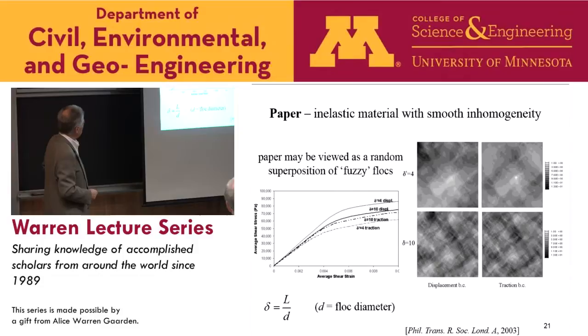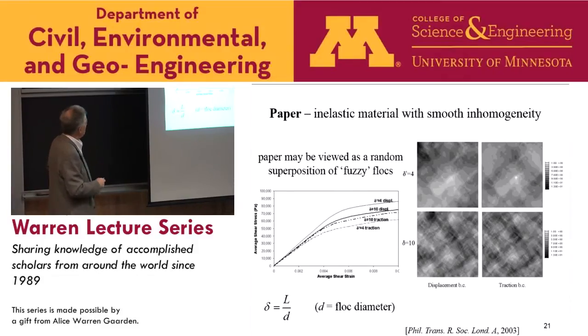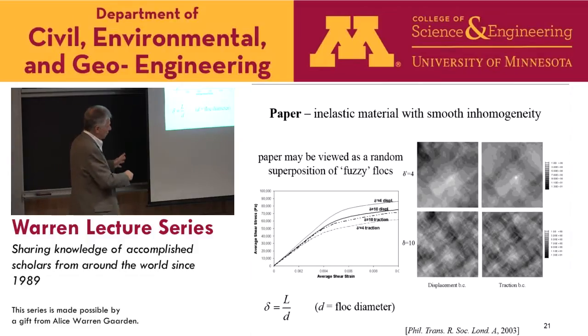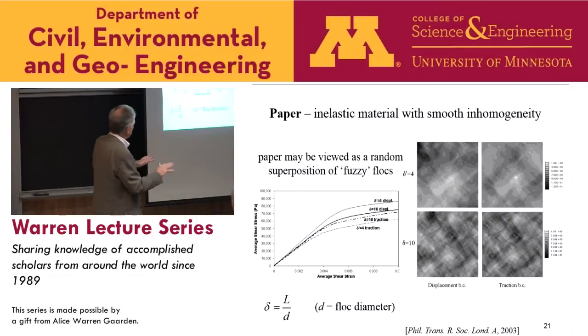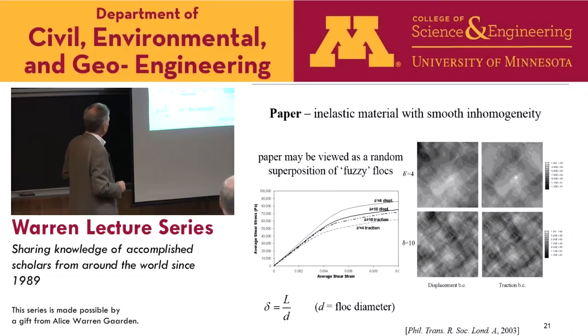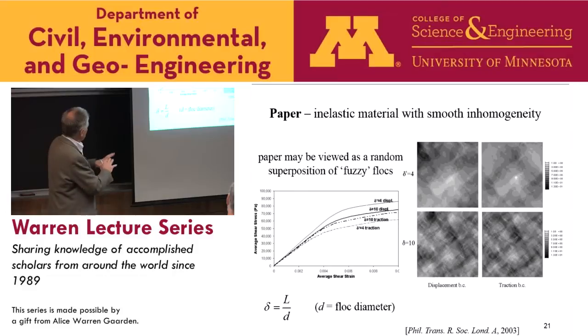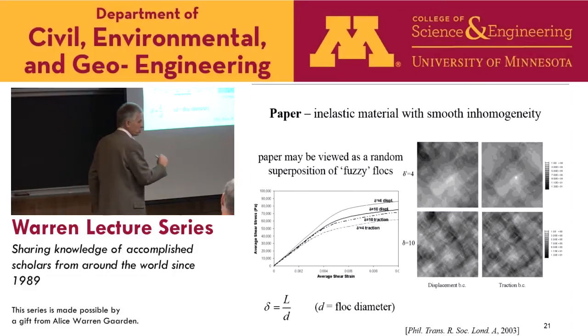So here we have typical floc size is 5 millimeters, and we can look at paper as a superposition of many fuzzy disks, and so that's where we're using a disk overlap model, and then the local stiffness is proportional to the number of disks at a given point.